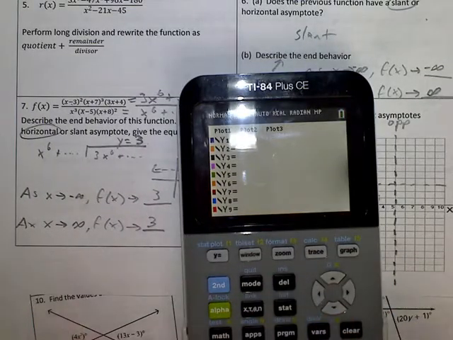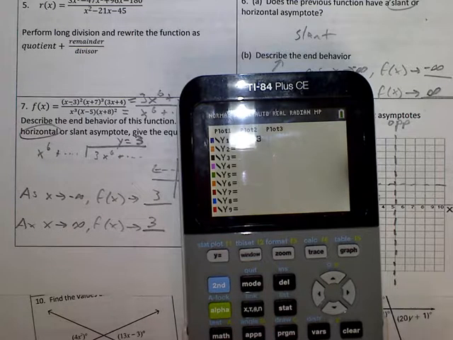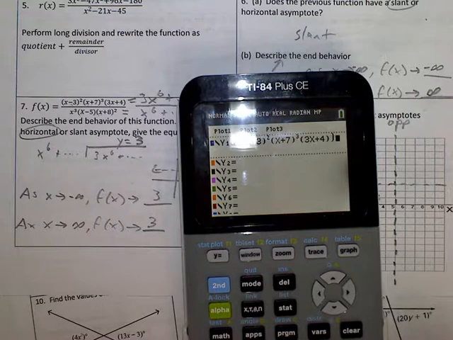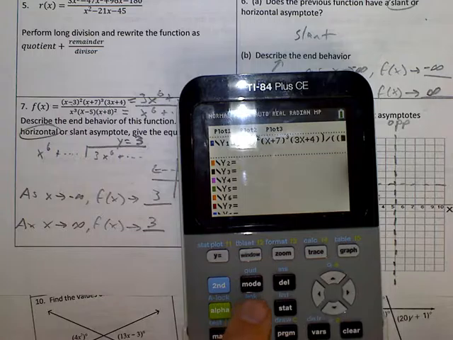This will only take a minute. Remember to put an extra set of parentheses around the top and the bottom to help your calculator out.